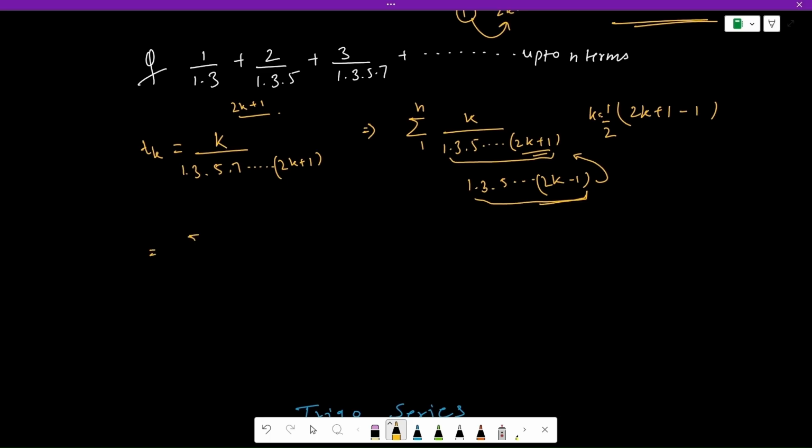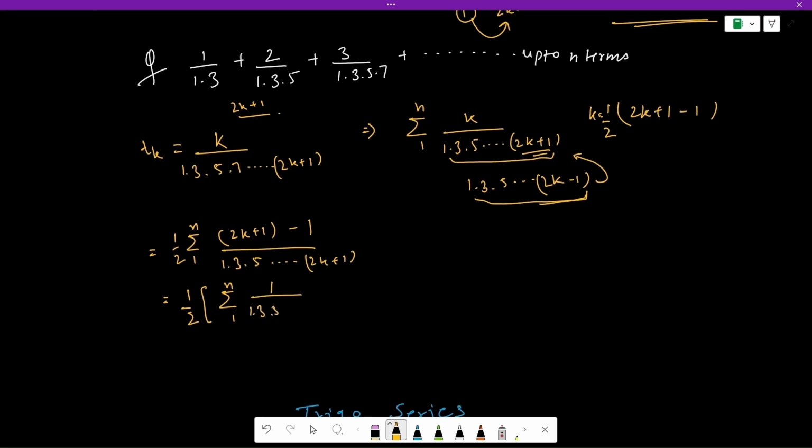So k equals this. If we put k like this, we can break it. So this is equal to summation 1 to n of 1 by 2, into (2k plus 1 minus 1) divided by 1, 3, 5, and so on till 2k plus 1. So this is equal to 1 by 2 into summation 1 to n. Now in one term this gets cancelled out, so this will be 1 by (1, 3, 5, and so on till 2k minus 1) minus 1 by (1, 3, 5, and so on till 2k plus 1).